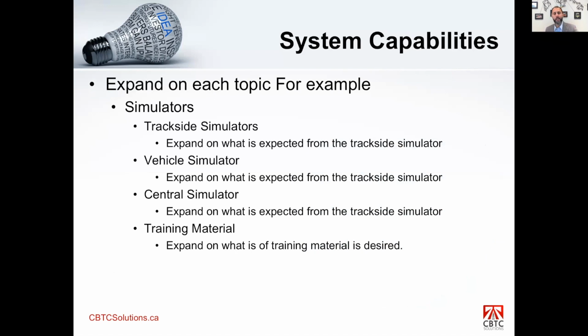So in this section, we would expand on the capabilities of that particular subgroup and the material. If you do that for each and every topic, you'll have an understanding of the capabilities that you need from the CBTC solution that's delivered by the supplier.